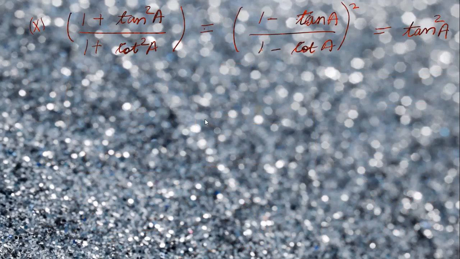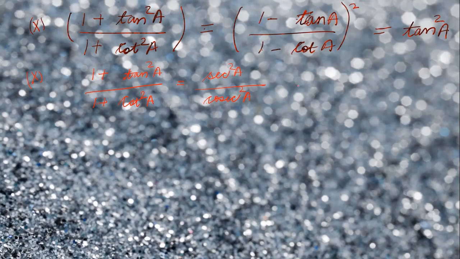Now the 10th part is 1 plus tan square A upon 1 plus cot square A. Now here you know 1 plus tan square A is your sec square A and 1 plus cot square A is your cosec square A. That is by identities 2 and 3. Okay.